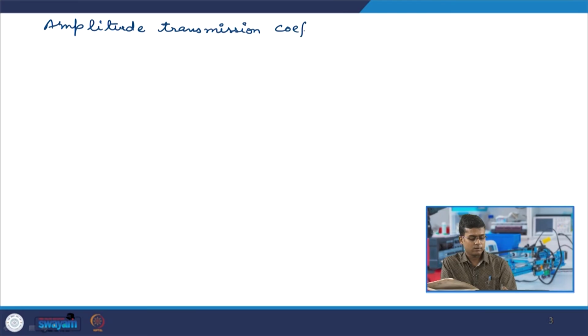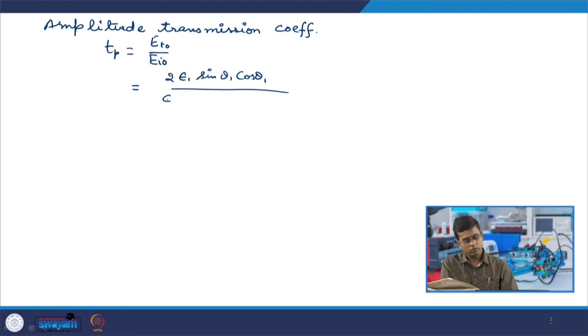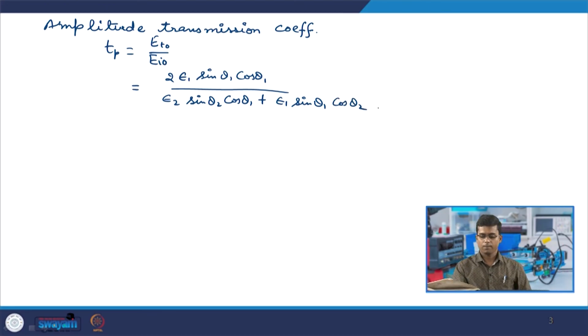That is Tp, equal to Et0 divided by Ei0, and you get 2 epsilon 1 sin theta 1 cos theta 1 divided by 2 epsilon 2 sin theta 2 cos theta 1 plus epsilon 1 sin theta 1 cos theta 2. Now, we know n1 sin theta 1 is equal to n2 sin theta 2. We can write it in terms of n.